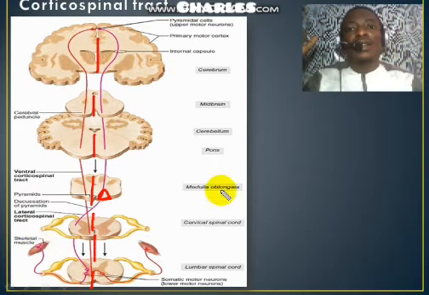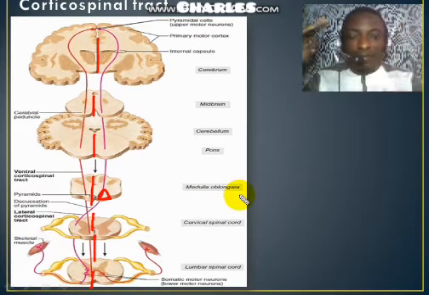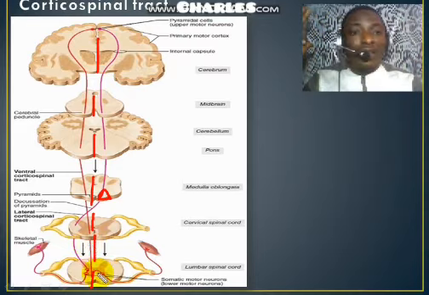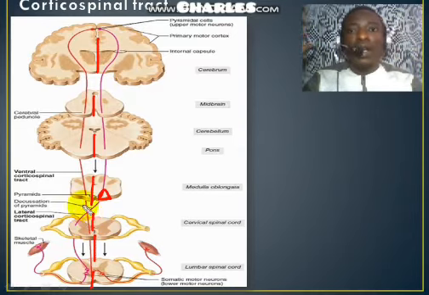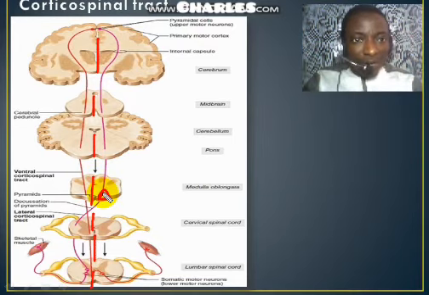Okay, look, the ventral descends and the point of decussation, or crossing over, is in the spinal cord. It doesn't pass through the medullary pyramid. That is for the ventral corticospinal tract. Whereas the lateral descends, it passes through the medullary pyramids.